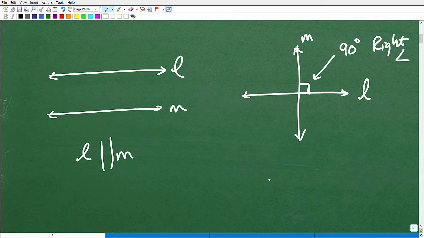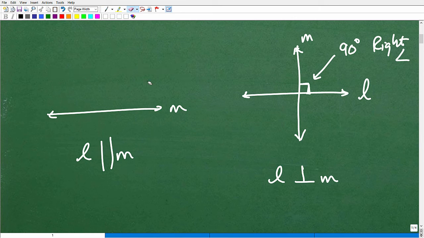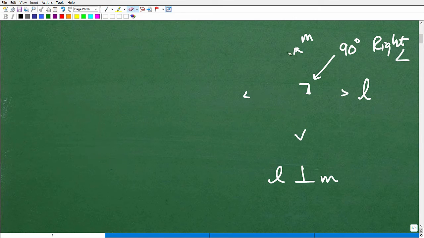The notation for that is a little thing like an upside down T. L is perpendicular to M, and this would be the corresponding figure to it. So these are just real basic fundamental concepts in geometry. And now let's go ahead and keep going.